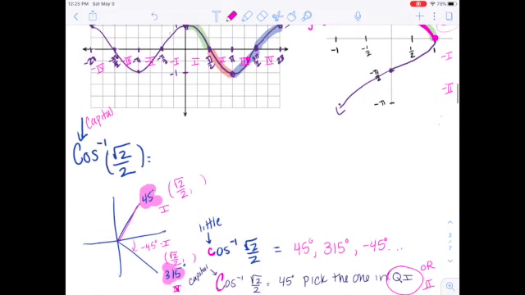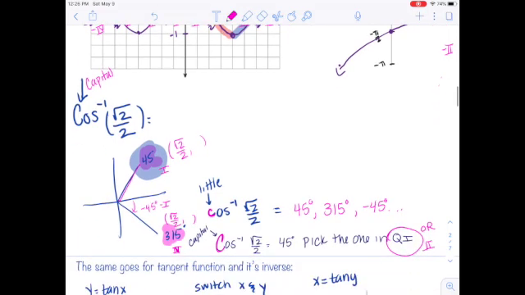Okay, so you're like, well, which angle has a cosine of root 2 over 2? And I go and I pick strictly and only 45 degrees because the angle over in second quadrant has a cosine that's negative root 2 over 2. So that one answer would be your 45 degrees.